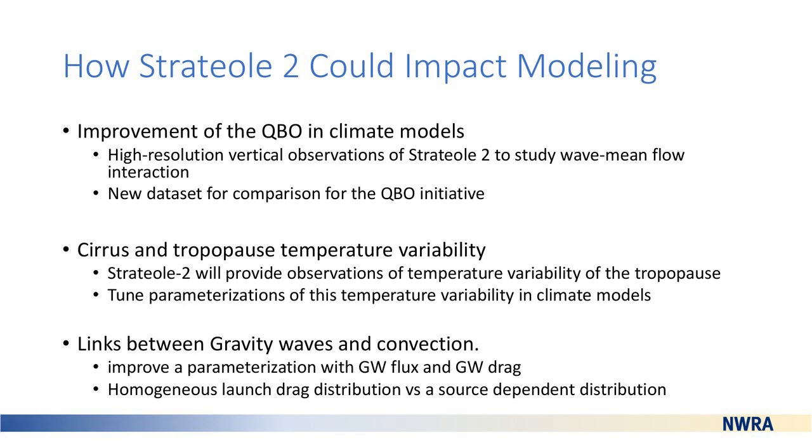At the moment, as far as I understood it, there are two different approaches for the parameterizations out there in the model world. One older approach uses a homogeneous distribution of the launch drag for the convective gravity waves, no matter whether there is a source actually present or not. And the newer approach uses a more source-dependent distribution to launch the convective gravity waves in the models.